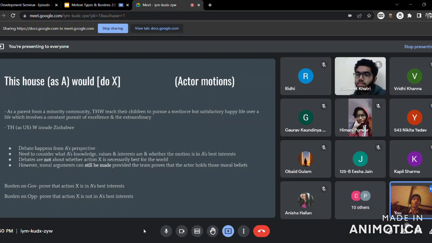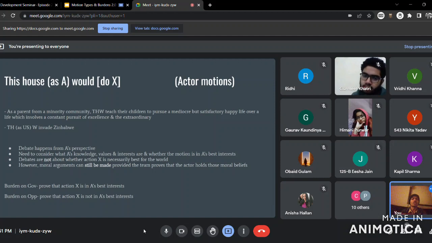This is the difference between actor motions and all other types of motions. अभी तक हम neutral point of view से कर रहे थे, but now we don't need to think about what is important to the world in general, or what should be important, but what is important to the actor. Now there are impacts which we would usually care about, but a certain person would only, because a certain person would have certain priorities and certain things that they pay importance to and certain things that they don't pay importance to.